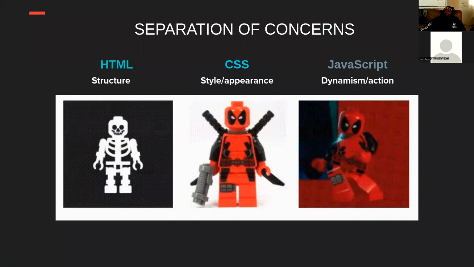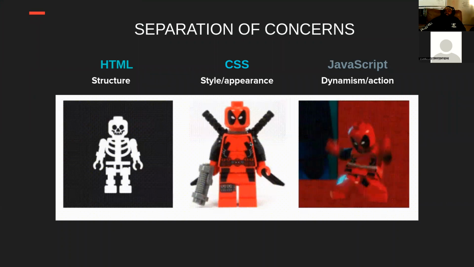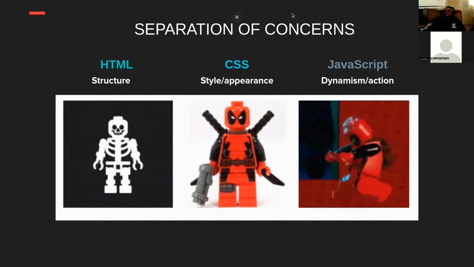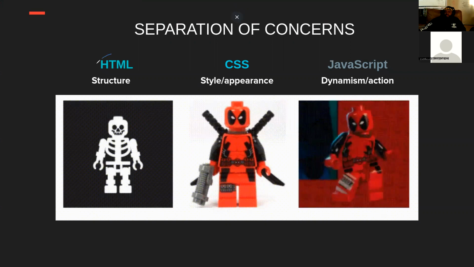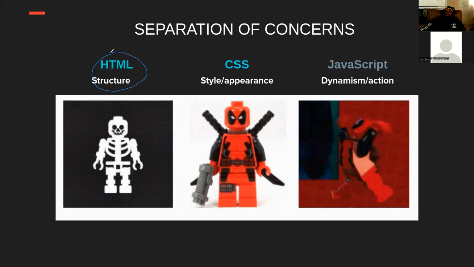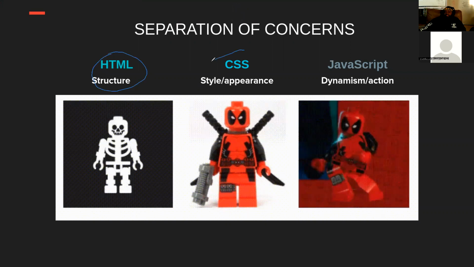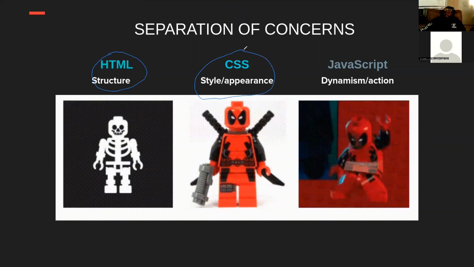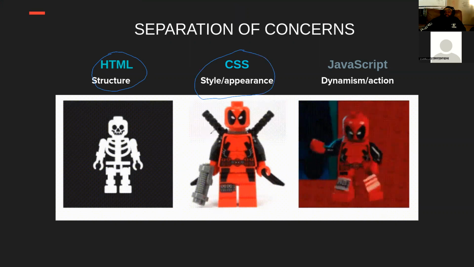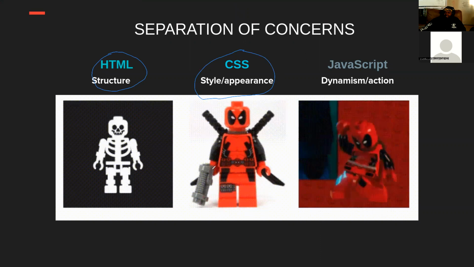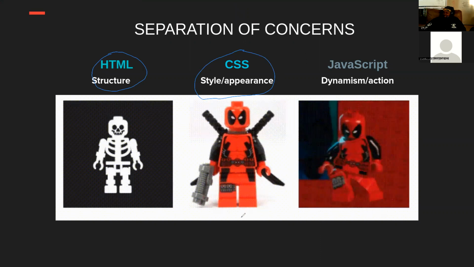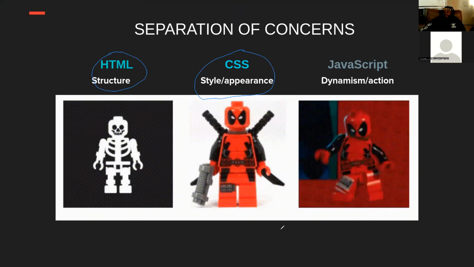So when we talk about separation of concerns in the traditional way, we're talking about HTML, which creates the structure of the website. CSS, which is the style or appearance. That's when you put all the drip on, you know what I'm saying? You throw on your Louis Vuitton and your Balenciaga and all that fancy stuff.